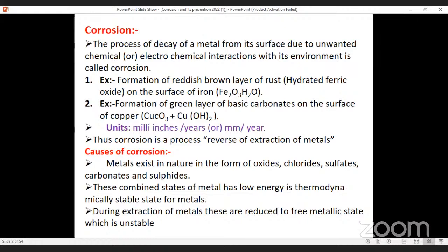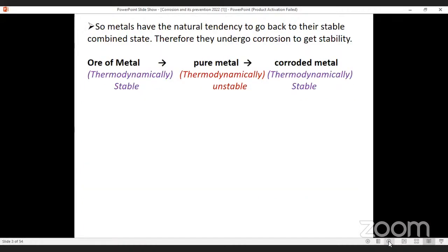So during extraction of the metal, the ore is reduced, and the pure metal state is unstable. We'll see a simple diagram. The ore of the metal means the availability of the metal in nature in the form of chlorides, sulfates, nitrates, carbonates, phosphates. All are thermodynamically stable because they are in the form of metal complexes.